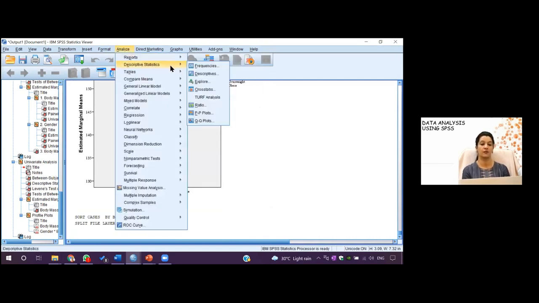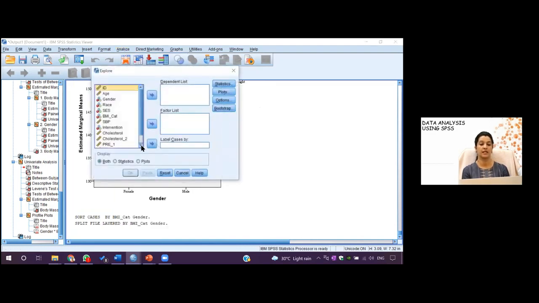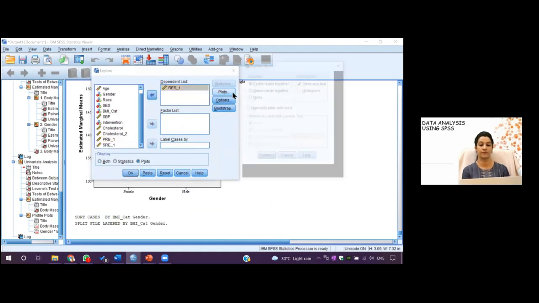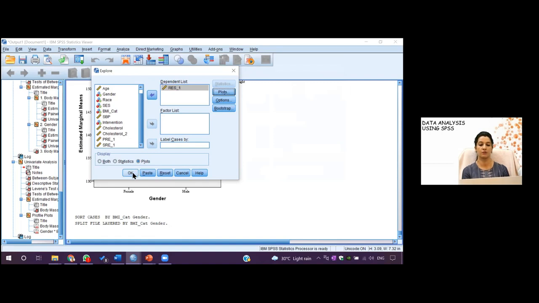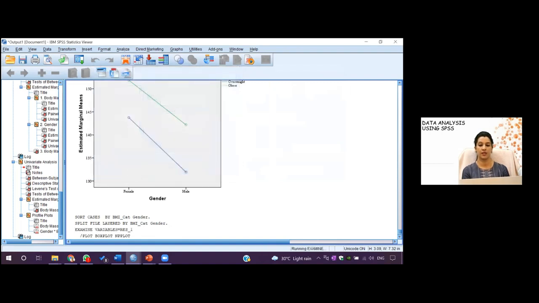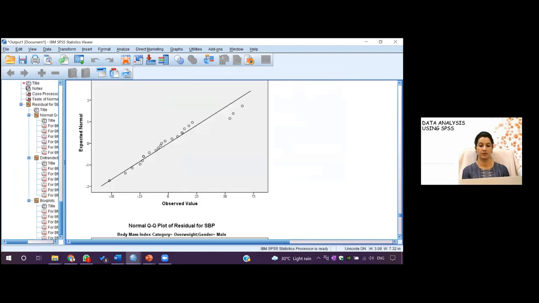Then you go to descriptive, explore, and in explore, what will I do? I'll click this plot. I'll shift this residual to here. In this plot, I'll uncheck this, check this normality plot with test, press continue, press OK, and then see this.